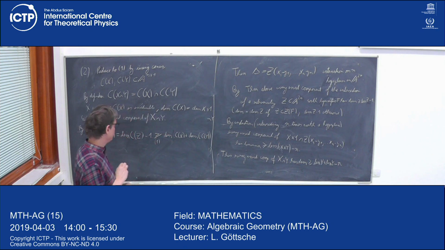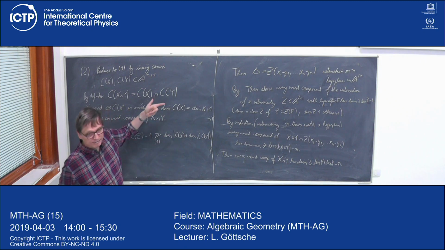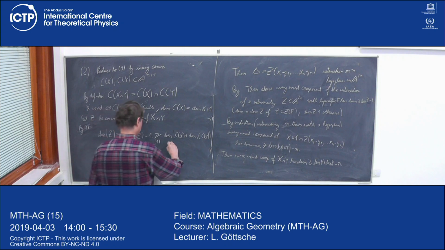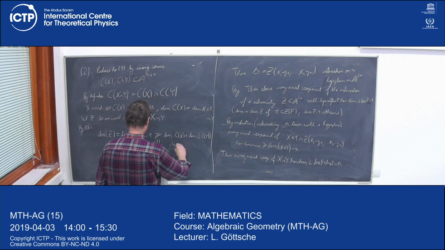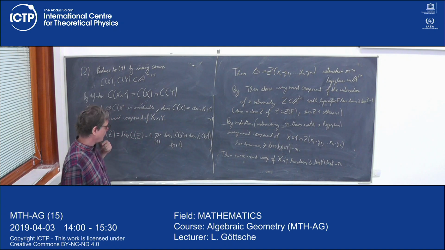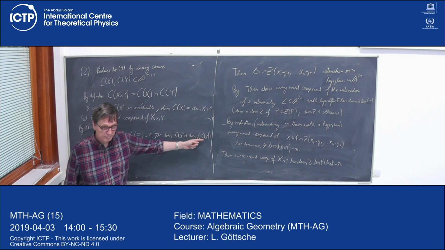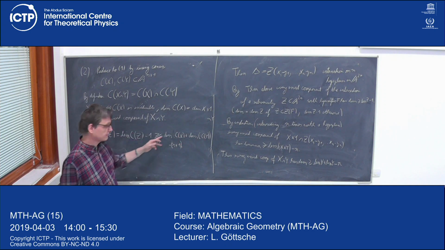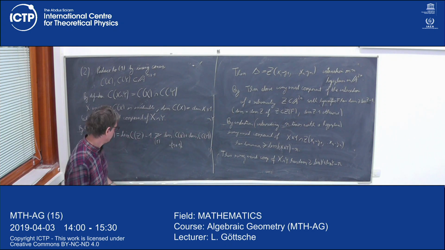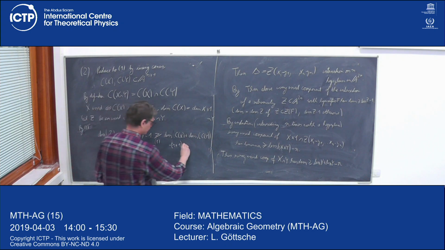We are in an affine space of dimension n plus 1, so I have to subtract n plus 1. This gives me the dimension of the corresponding cone of the intersection of these cones, but it's minus 1.